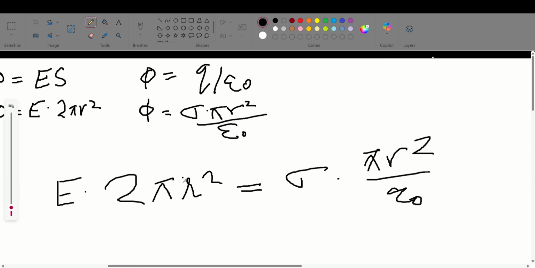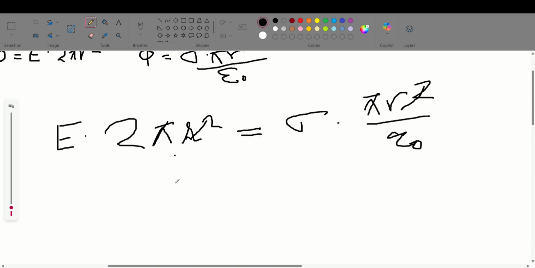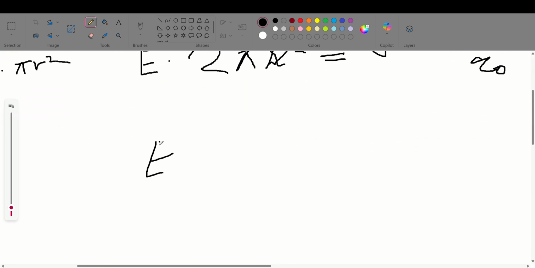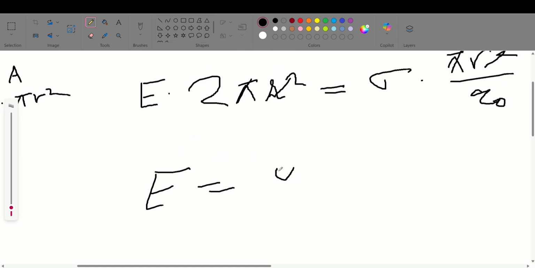Now the pi's on both sides cancel out, and so do the r squareds. So that leaves us with E is equal to sigma by 2 epsilon naught.